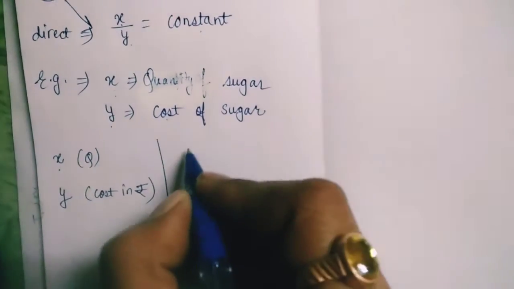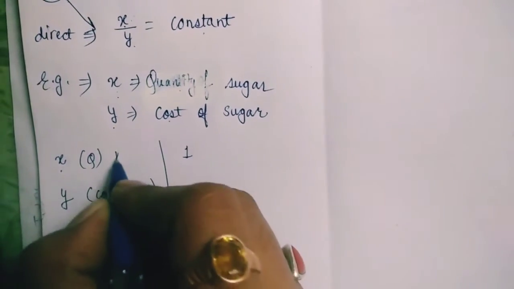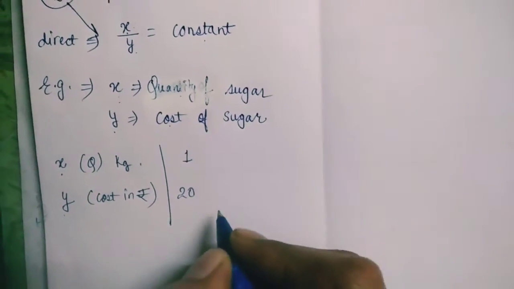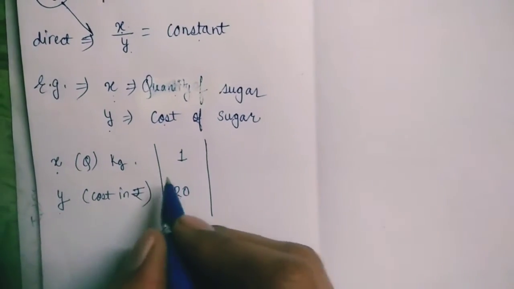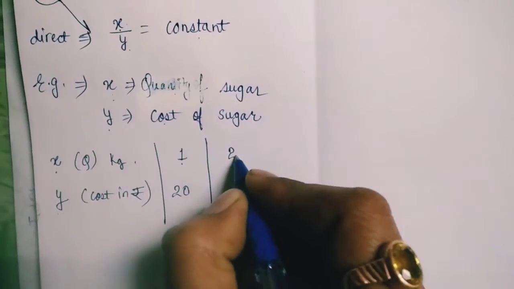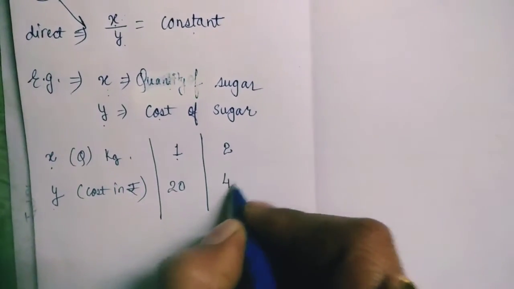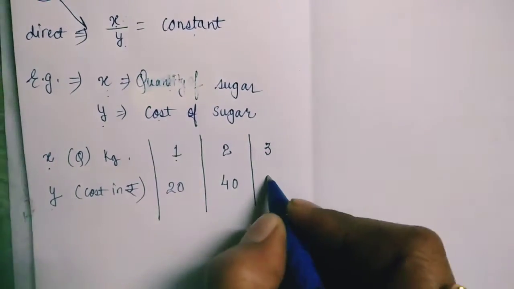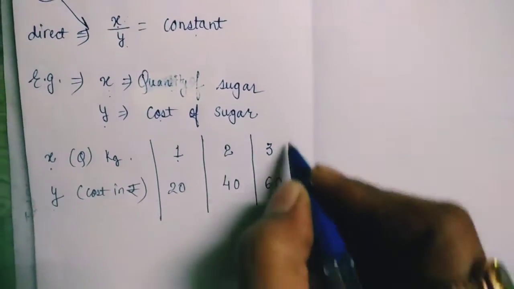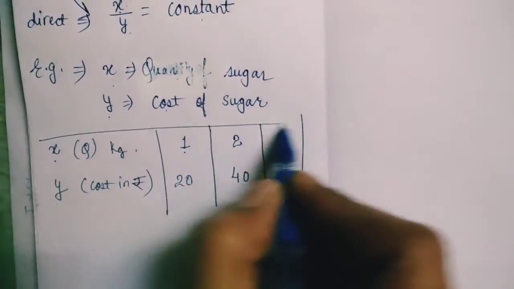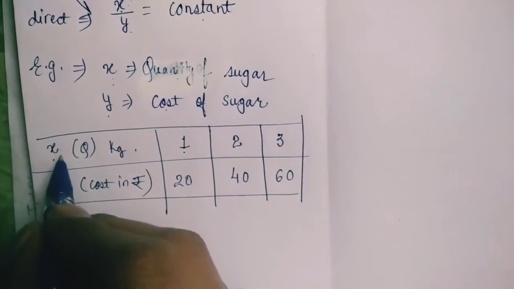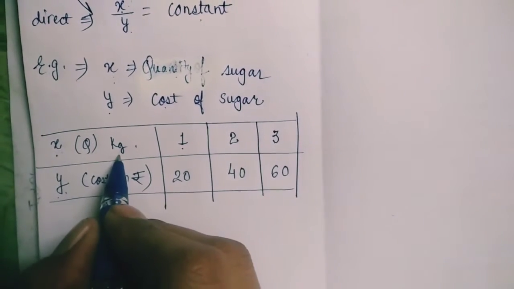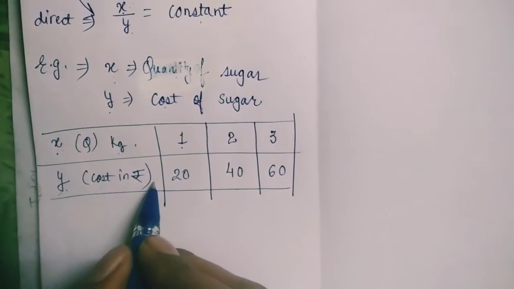If the quantity is 1 kilogram, then the cost will be, let's suppose, 20. If the quantity is 2 kilogram, then the cost will become 40. If the quantity is 3 kilogram, then the cost will become 60. You can see here we have a table in the form x and y, where x is in kilogram and y is the cost in rupees.